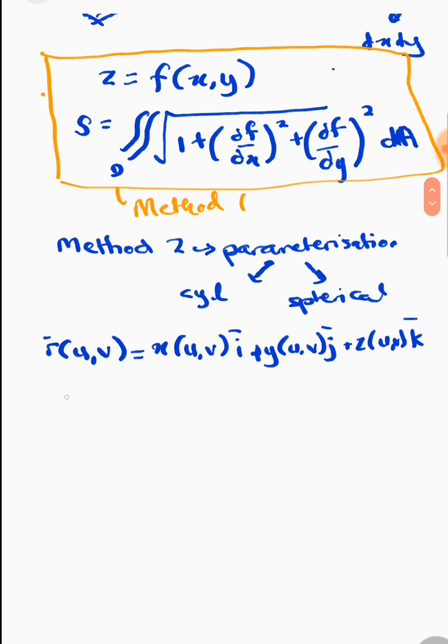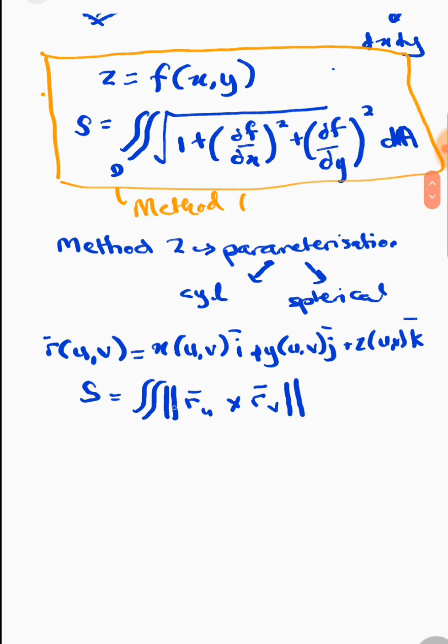And how do I find my surface integral S? Again, as usual, you see a double integral there. What happens is you take your r_u cross r_v, and then you get the magnitude of this.